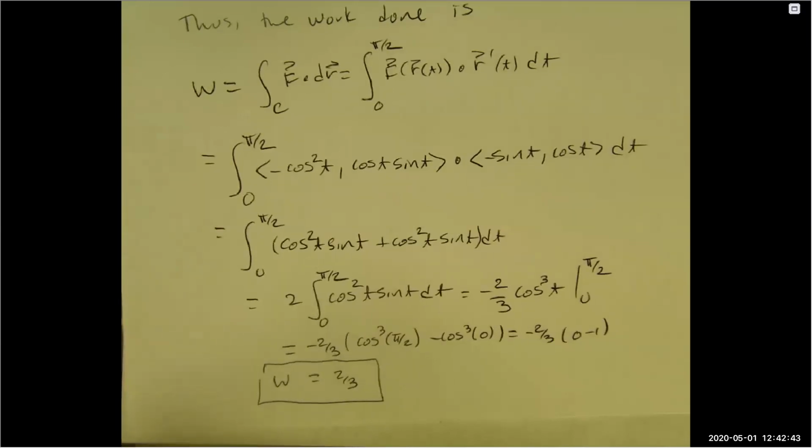If you were riding your bike along the bike trail and you have a headwind, it's fighting you, so the work done by the vector field would be negative. Whereas if you have a tailwind, then the work done by the vector field would be positive. So the work could be either positive or negative.